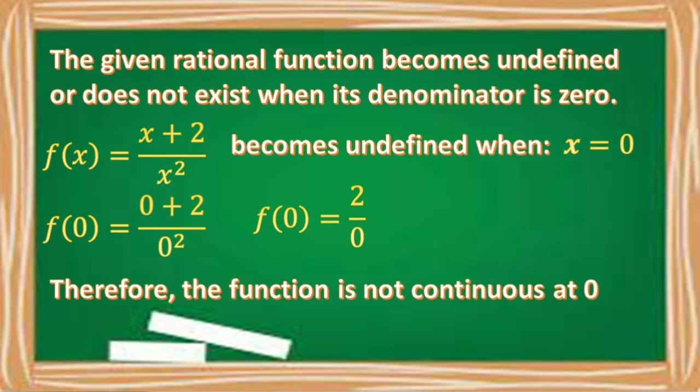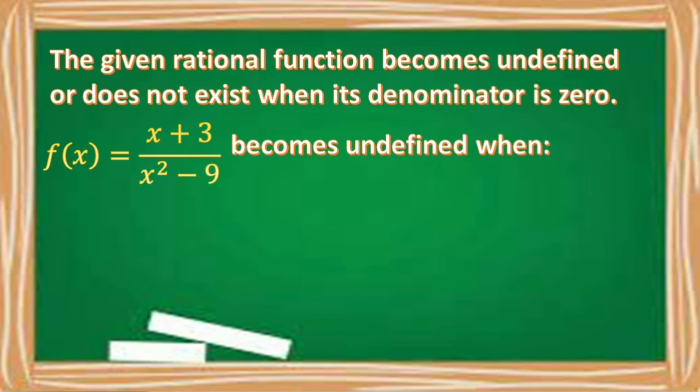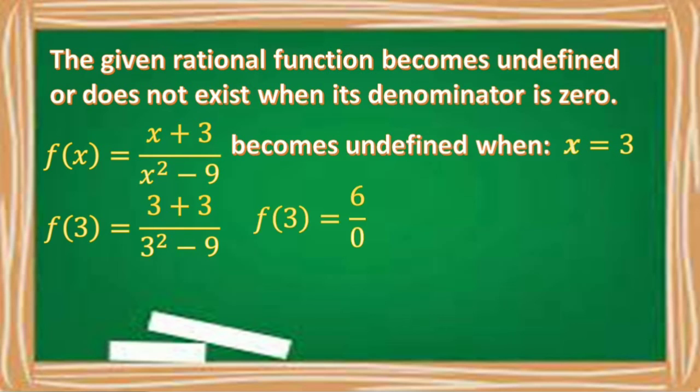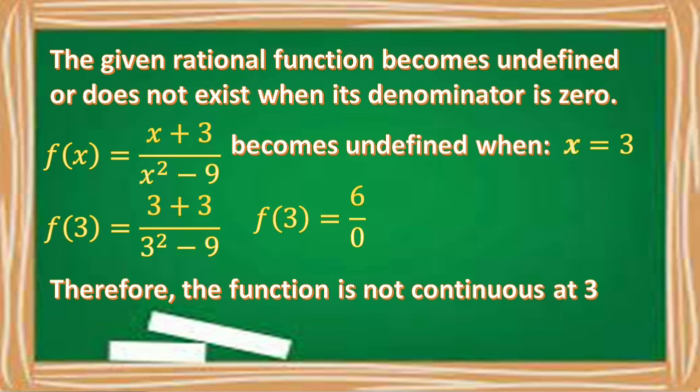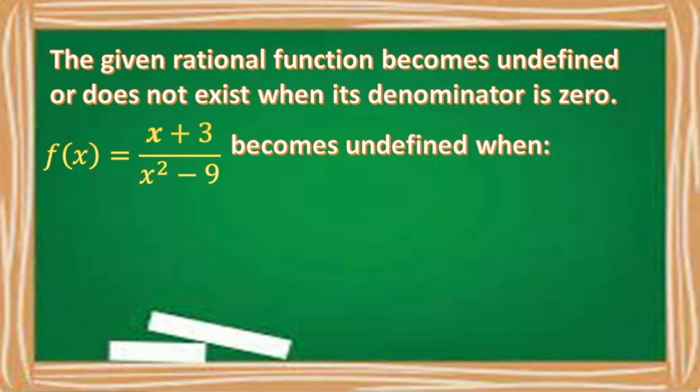Therefore, the function is not continuous at 0. f of x equals x plus 3 over x squared minus 9 becomes undefined when x equals 3, because 3 plus 3 over 3 squared minus 9 equals 6 over 0, because 3 squared is 9 minus 9 is 0 in the denominator. Therefore, the function is not continuous at 3.